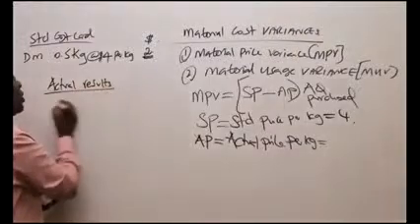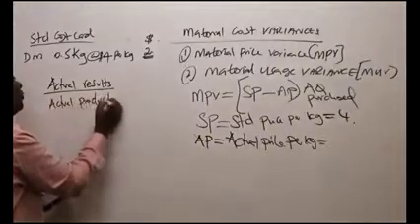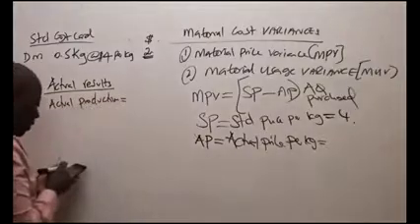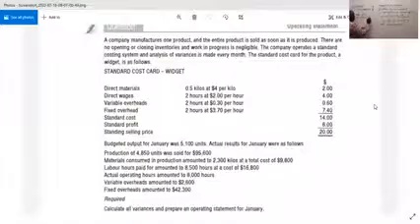In these actual results, they have given us the actual production. If you're able to see your question very well, the actual production was 4,850 units.